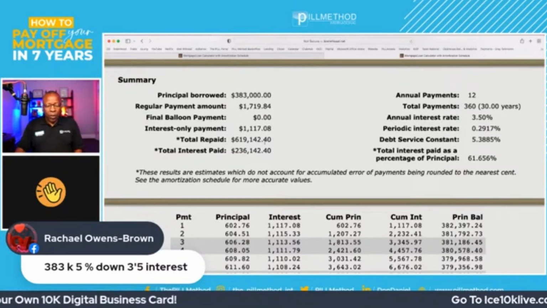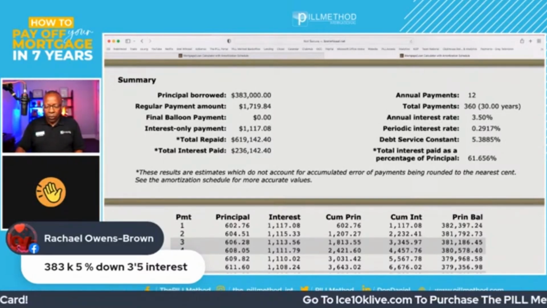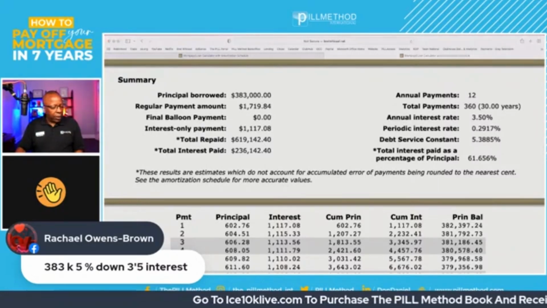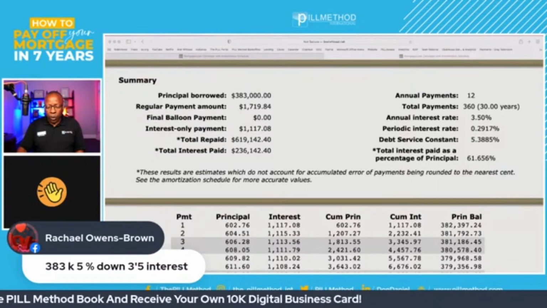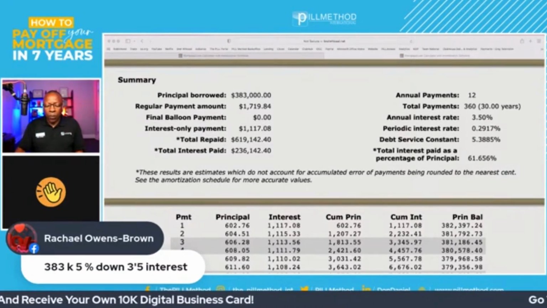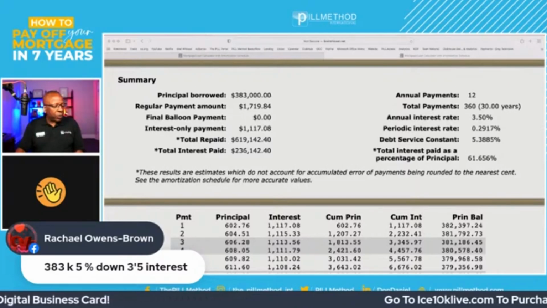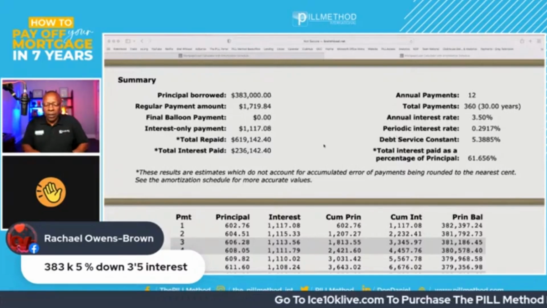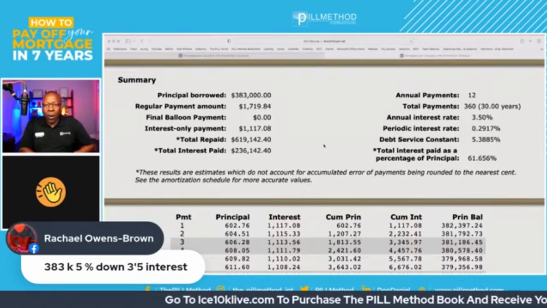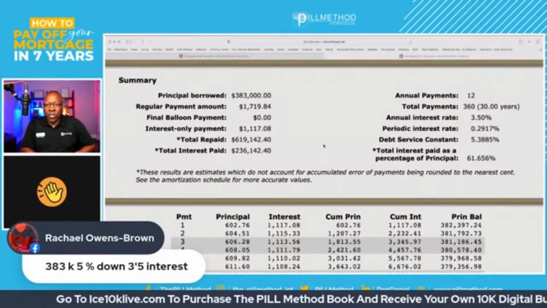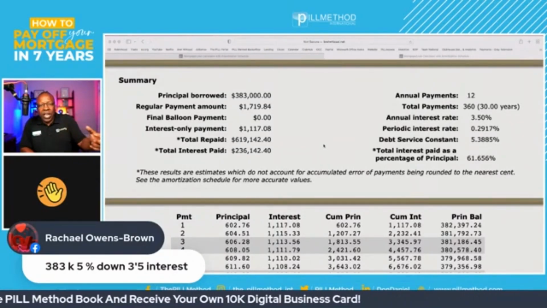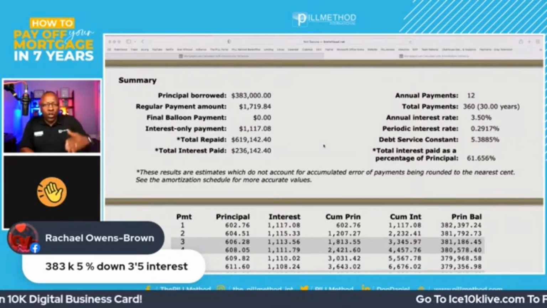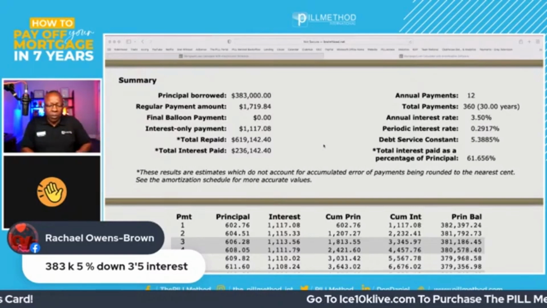So instead of paying $619,000, what if we could pay to acquire the same asset a total of $461,000 instead of $619,000? Wow, wow, wow. What an interest savings to acquire the same asset. What could you do with the savings of over $150,000, $160,000, $175,000? What could you do with that money if you didn't have to give it to the bank?